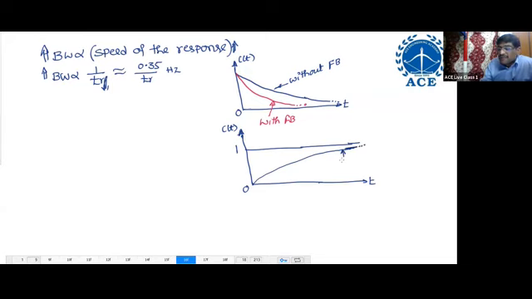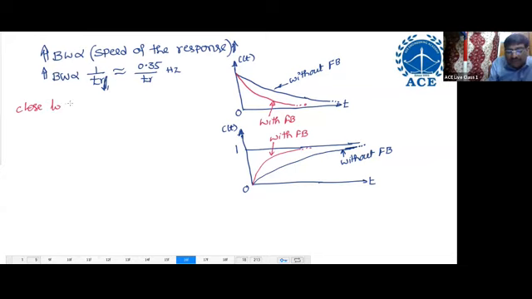With feedback, the response is very quick. It rises very fast. That means the closed loop system gives a very quick response.